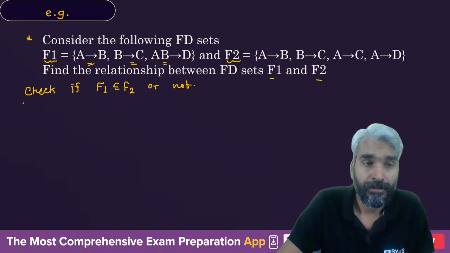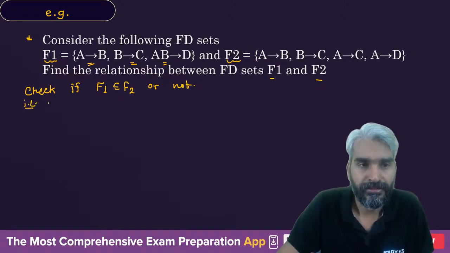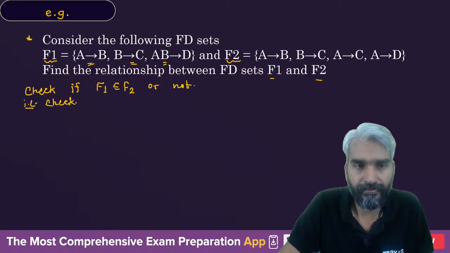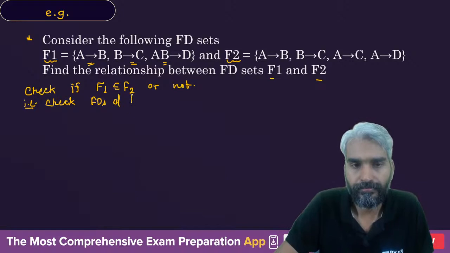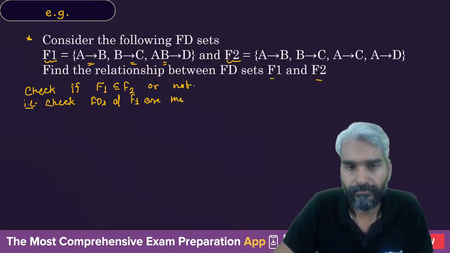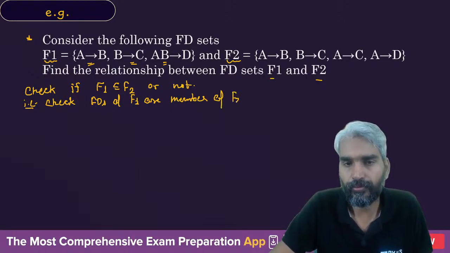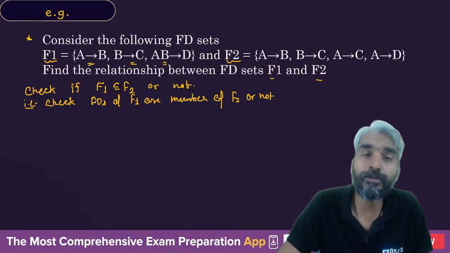So check whether FDs of F1 are member of F2 or not. So what we need to do? We need to check one by one.